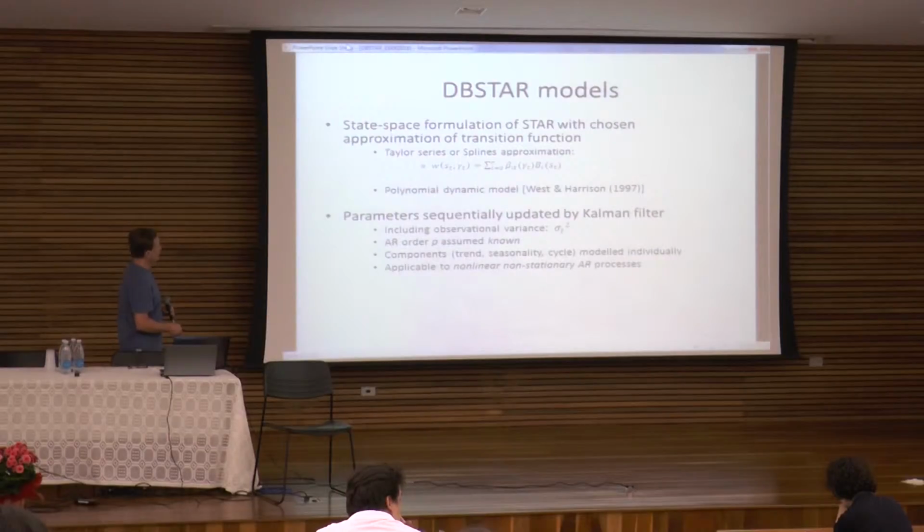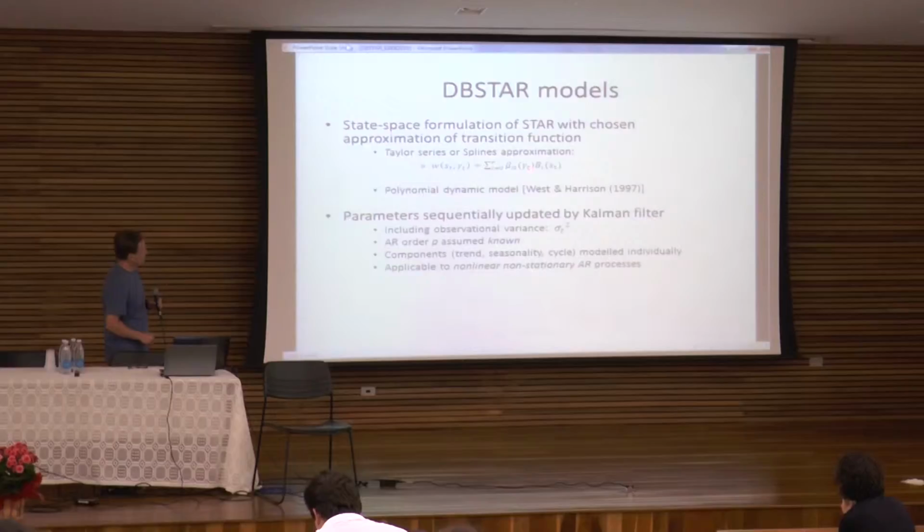The order of the autoregressive regimes is considered to be known, and you can model individually all the components such as trends, seasonality and cycles. The models are applicable to nonlinear, non-stationary autoregressive processes. This is the transition function, and this is the approximation we use.